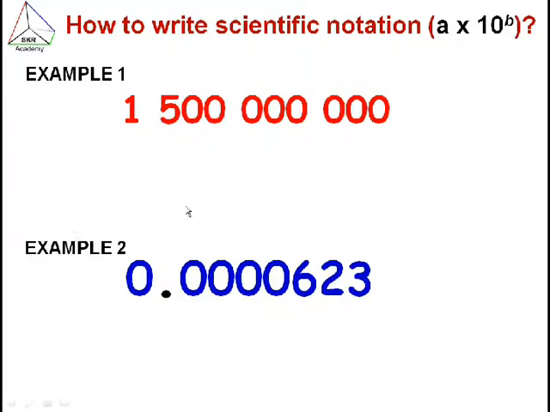Here we are taking two examples. In example number 1, we are going to convert 1,500,000,000 into scientific notation a times 10 raised to the power of b. You can see there is no decimal point, so let's add an arbitrary 0 at the right-hand side, and then we will move this decimal place one by one, all the way until just after the 1.